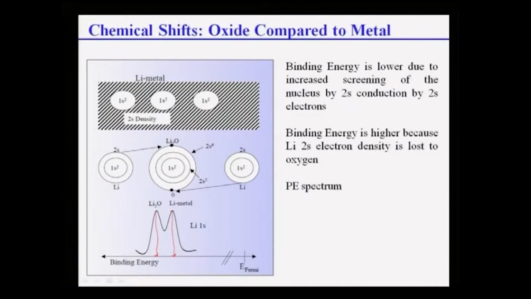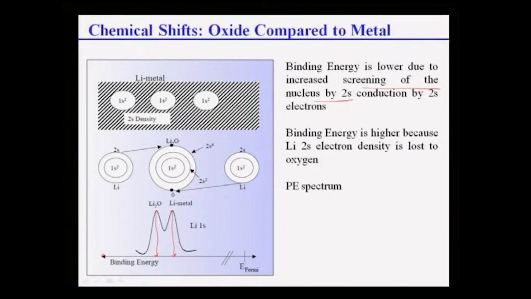So the lithium binding energy gets shifted, and this is due to the change in screening of the nucleus by 2s conduction electrons. The binding energy is higher because the Li 2s electron density is lost to the oxygen. Binding energy increases this way, and this is the Fermi surface energy.